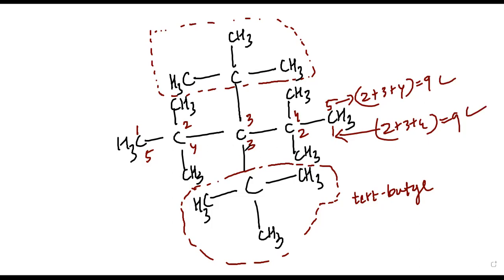Now what should be the name that we should write? So you can see that these are the methyl groups, whereas this is the tertiary butyl group. And both these tertiary butyl groups are present on the third carbon, my dear students.